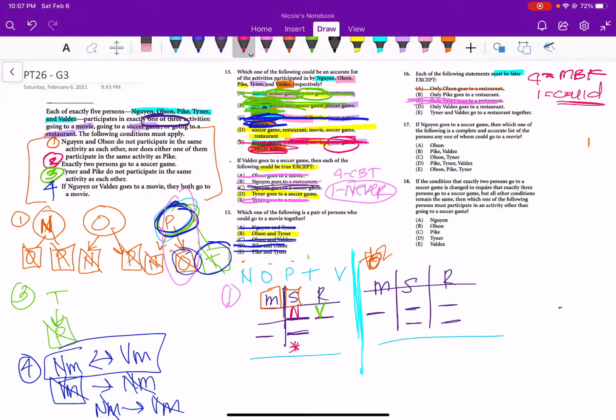Well, the problem here is if we put O going to the movie, we can't put P going to the movie because P and O can't be together. And we can't put P going to the soccer game because N and P can't be together. So D cannot be our answer either.